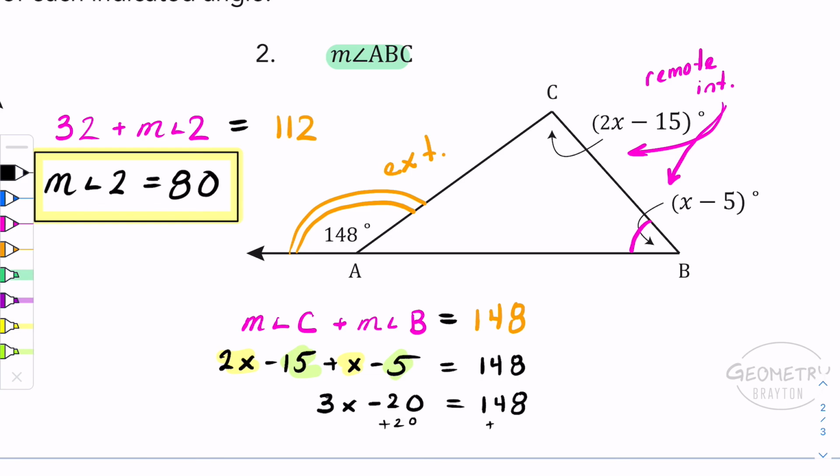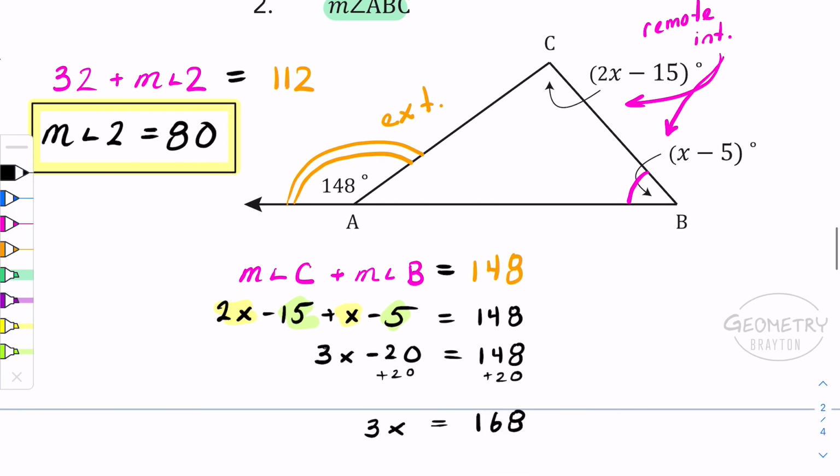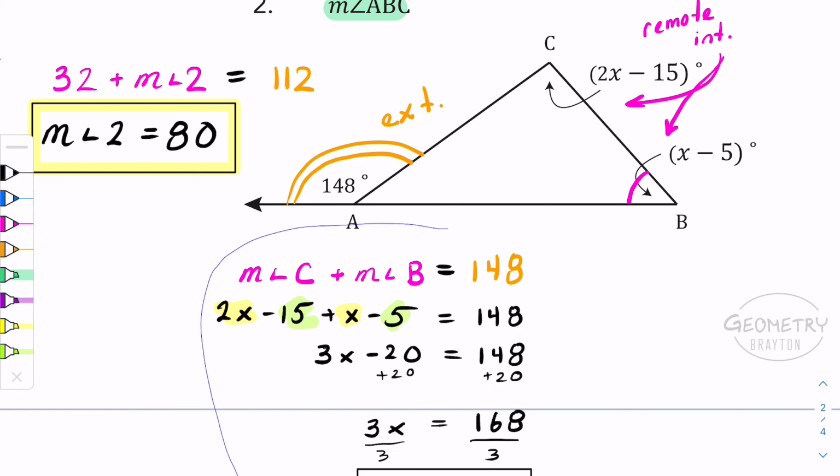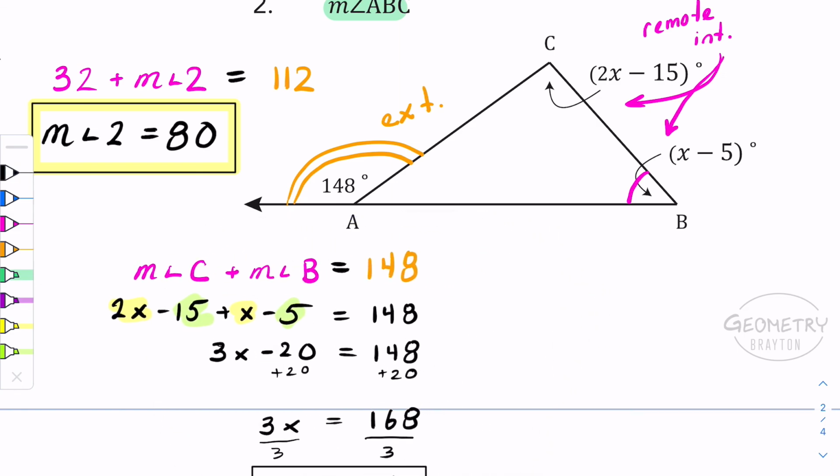Add 20 to both sides. 3x is equal to 168. Divide both sides by 3. X equals 56. Now this is not my answer because my answer is asking me for the angle measure of angle ABC.